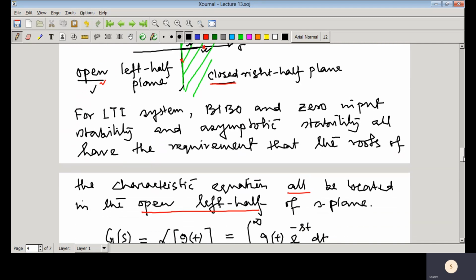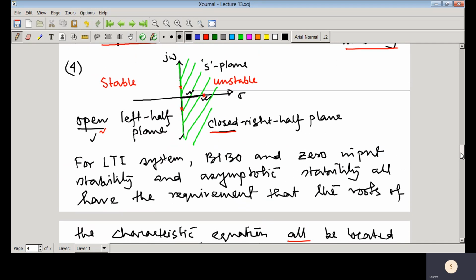So sigma is greater than or equal to 0. That means if you have a pole lying in the right half of the S plane, then the corresponding sigma would be greater than or equal to 0.